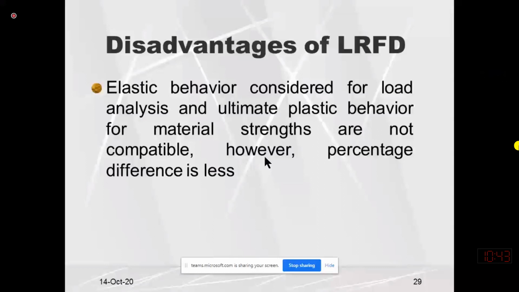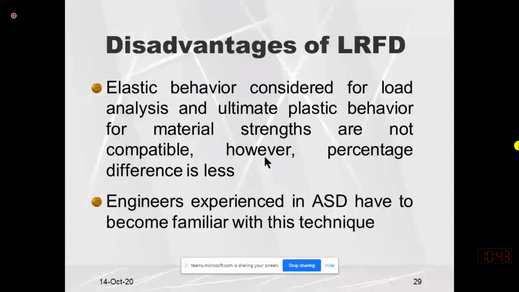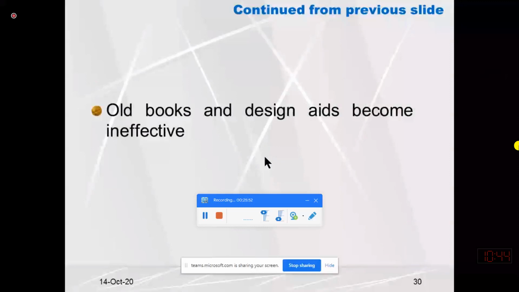Most of the experienced engineers have experience in ASD because LRFD is a relatively new method. Maybe people switched to LRFD about 10 years back. But the older engineers all have experience in ASD, and in old books and design aids, maybe 15 to 20 years old, you will only see the ASD method, no LRFD.